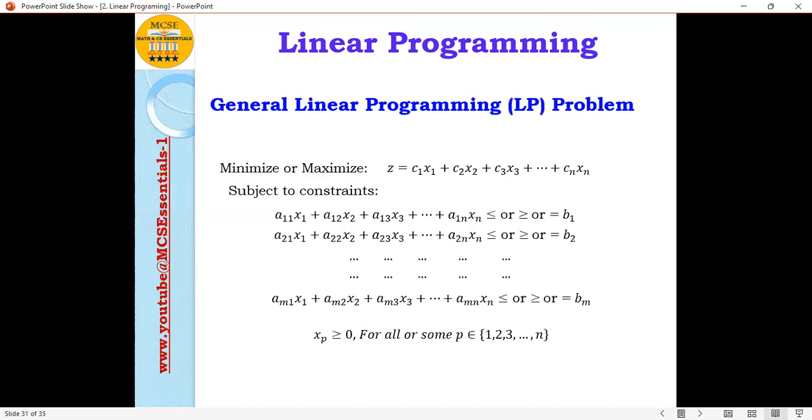So the general form of a linear programming problem is to maximize or minimize a linear objective function involving n variables. Here C1, C2, C3, and so on, Cn are the constants and are called objective function coefficients, also known as objective parameters.